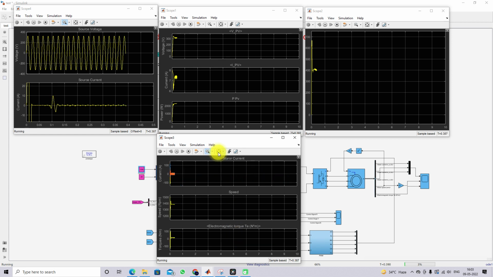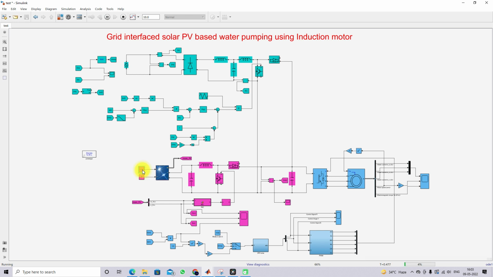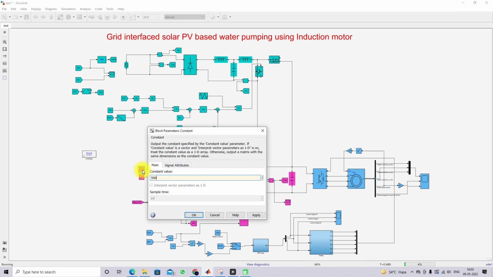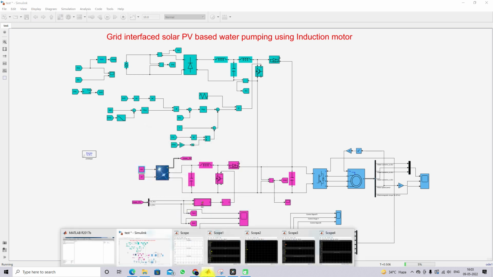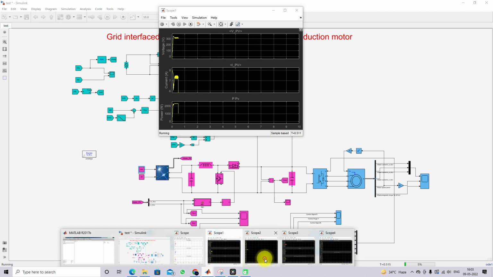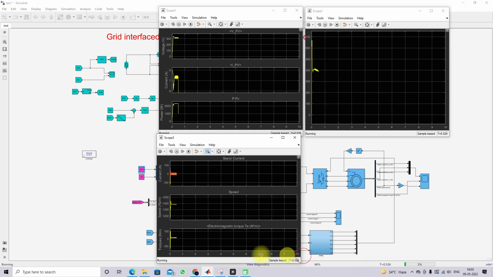So now I'm going to change the irradiation, right? You can see that the PV operated at 2300 watts. Now I'm going to change the irradiation to 500. Okay, so that we can check the result of the system.